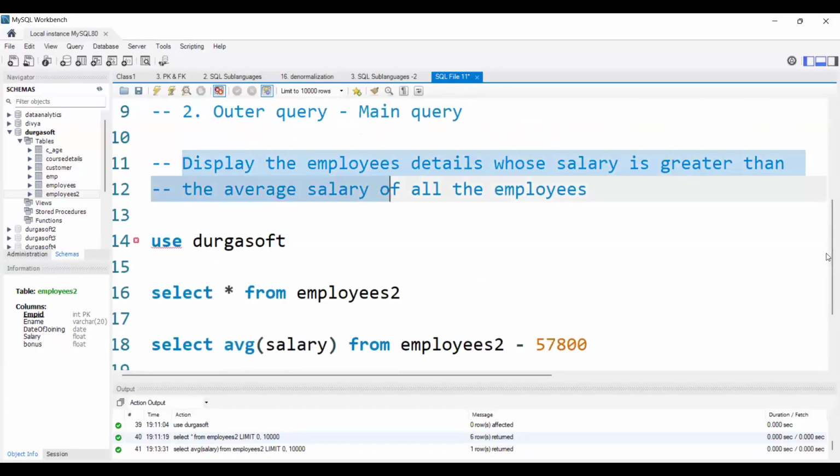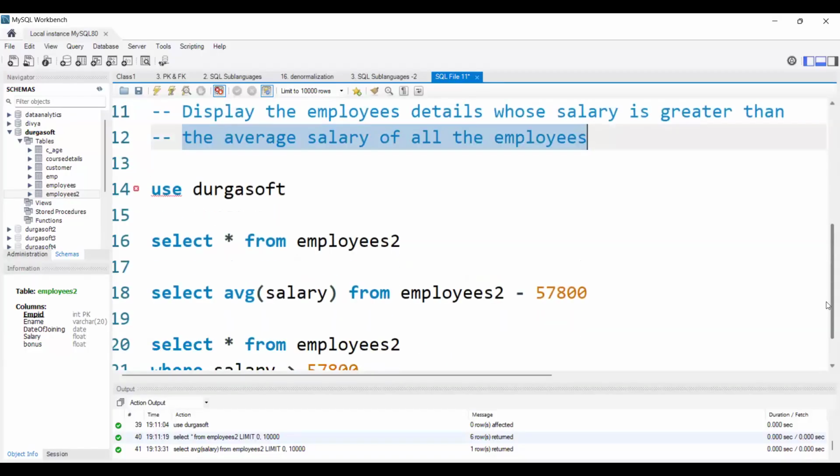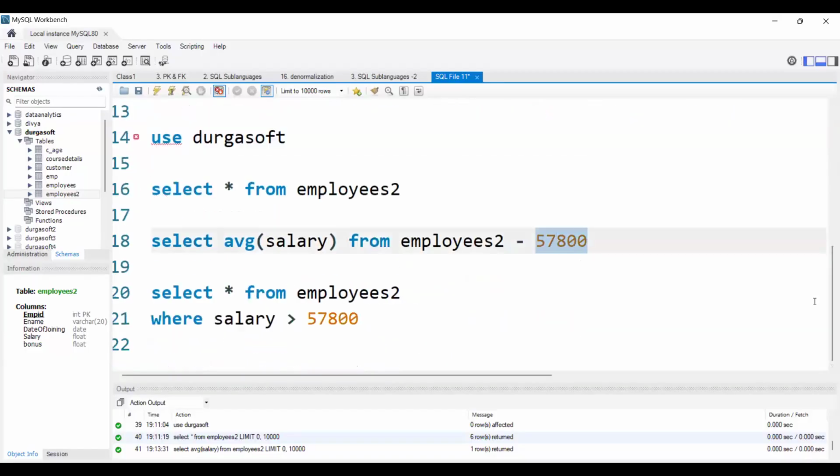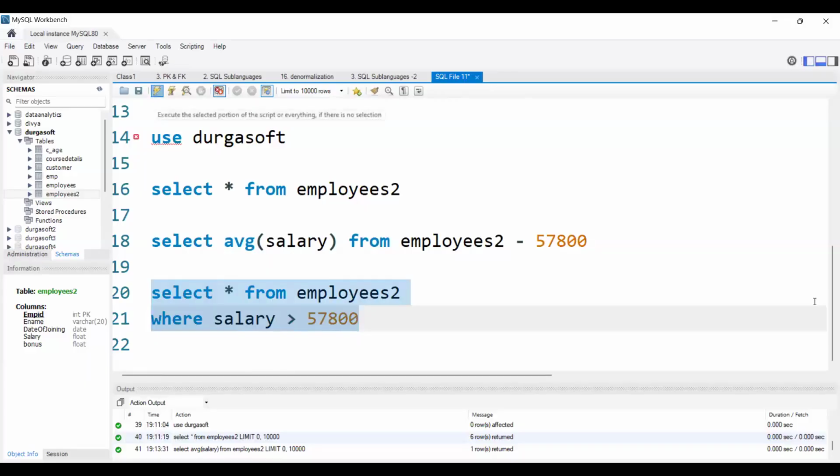This is my question. I'm saying display the employee details whose salary is greater than the average salary of all the employees. I divided this question into two parts. First, I found the average salary of all the employees and got this output. Now I wrote select star from employees 2 where salary greater than 57,800. Let me just execute this one.